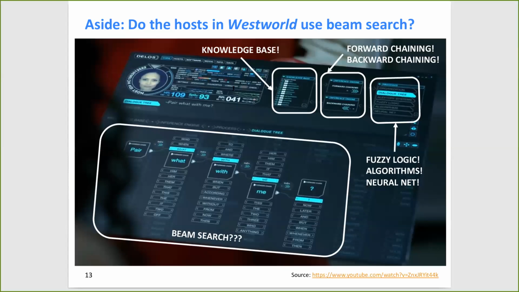The lesson instructor today has taken this from what she has seen in some episode of the TV series, where she thinks this is a beam search, this is a knowledge base, and then there is forward chaining and backward chaining, which is nothing but forward pass and backward pass, and then there is some fuzzy logic here. So she has nicely related this to the things that we discuss in neural networks and NLP.